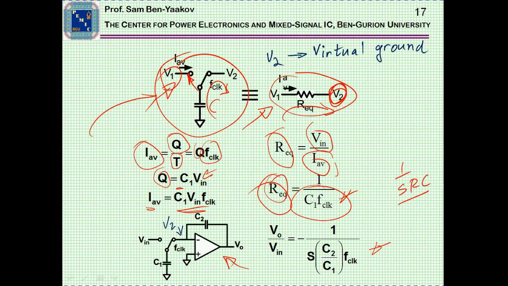Now, as I have said before, we see here the expression is a function of the ratio of two capacitors, which is very nice for integrated circuit implementation. Furthermore, it's also a function of the clock. So by changing the clock frequency, you can actually change the value of RC, and therefore you can build a filter which has a controllable cut-off frequency, for example. These switched capacitor active filters are actually built as an integrated circuit.